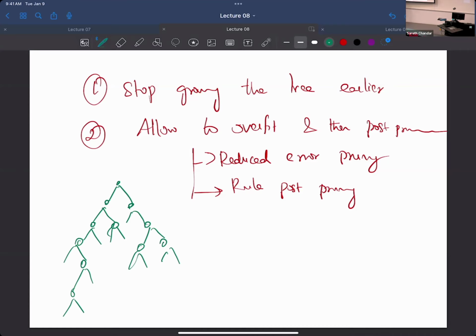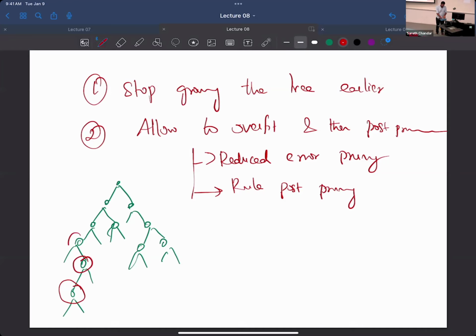Okay, so I'll go to the bottommost node, for example, I will remove this node and see how it improves the validation performance. If it doesn't increase my validation error, even if it stays the same or gets better, I'm going to do this removal. Once I remove this, then I'm going to consider removing this.